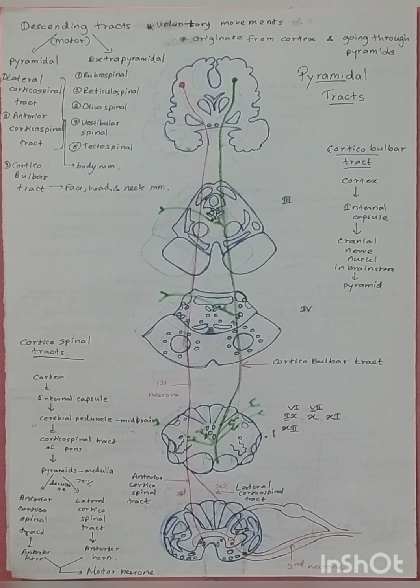And as the function, the pyramidal tracts are doing the voluntary movements control, and the extrapyramidal tracts are controlling the involuntary movements. So first we will talk about the pyramidal tracts.